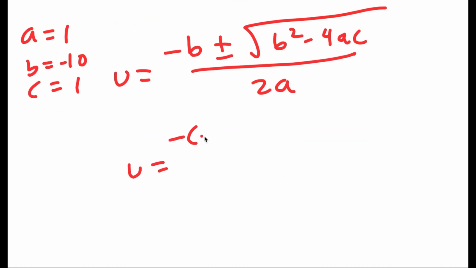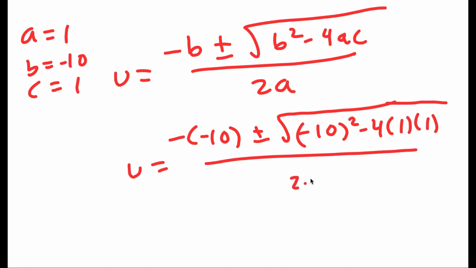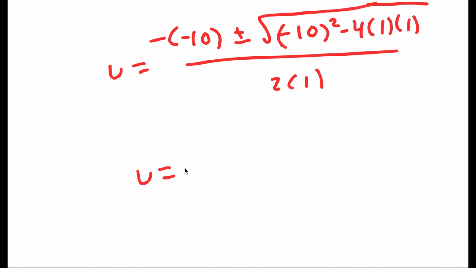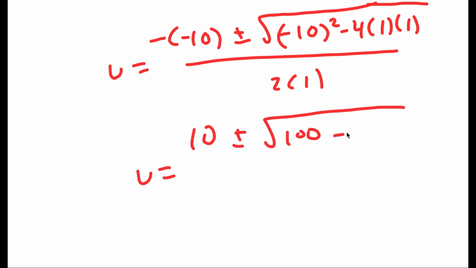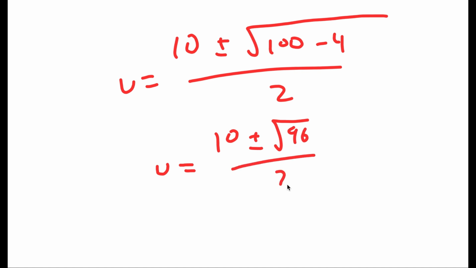So I get u is equal to negative 10 plus or minus the square root of negative 10 squared minus 4 times 1 times 1 all over 2 times 1. And this is equal to 10 plus or minus the square root of 100 minus 4 over 2, which is equal to 10 plus or minus the square root of 96 over 2.